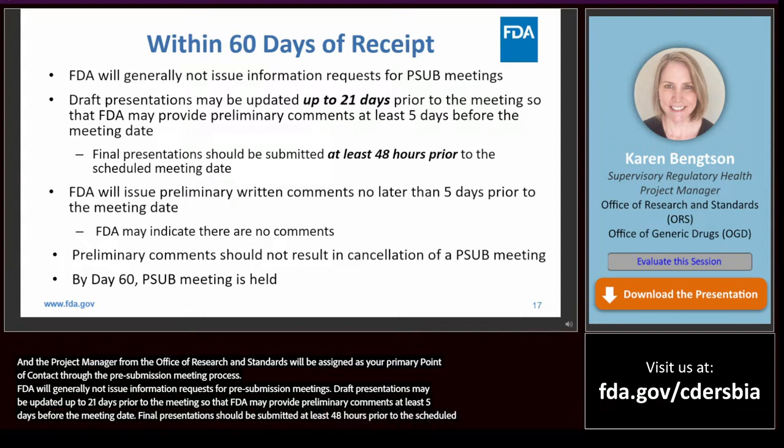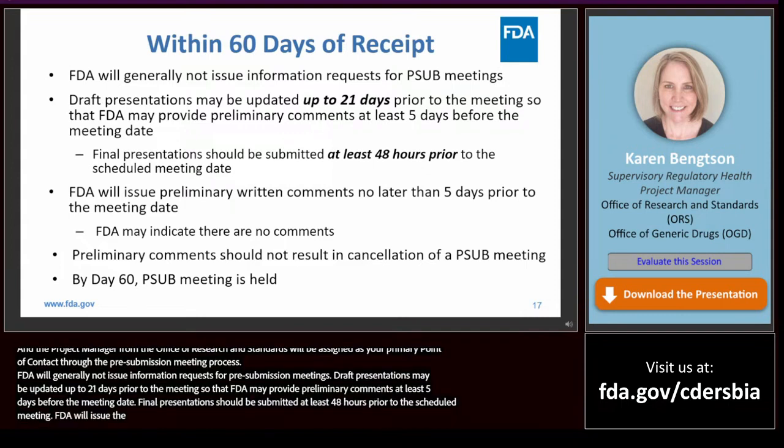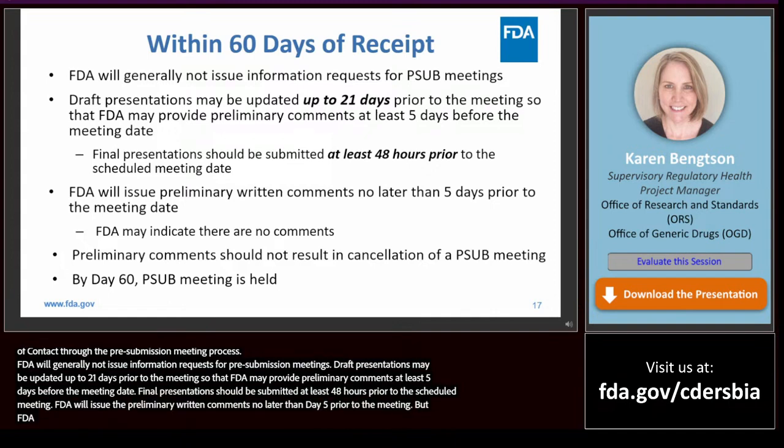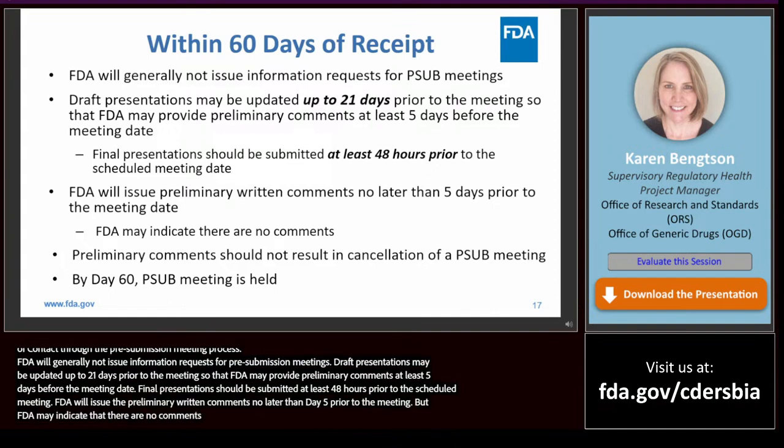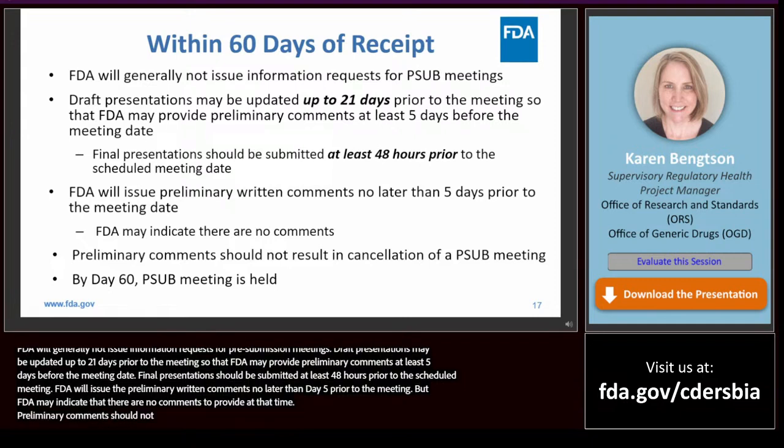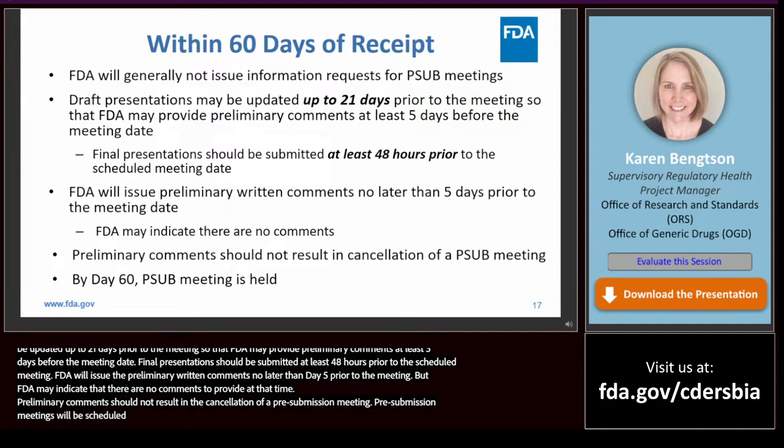FDA will issue the preliminary written comments no later than day 5 prior to the meeting, but FDA may indicate that there are no comments to provide at that time. Preliminary comments should not result in the cancellation of a pre-submission meeting. Pre-submission meetings will be scheduled to be held within 60 days of the FDA receipt date of your meeting request.